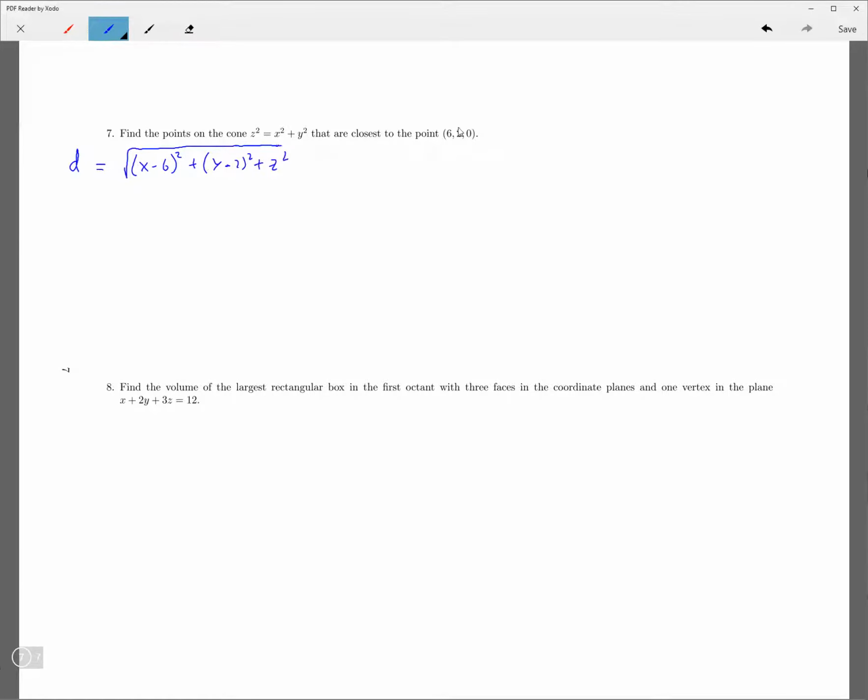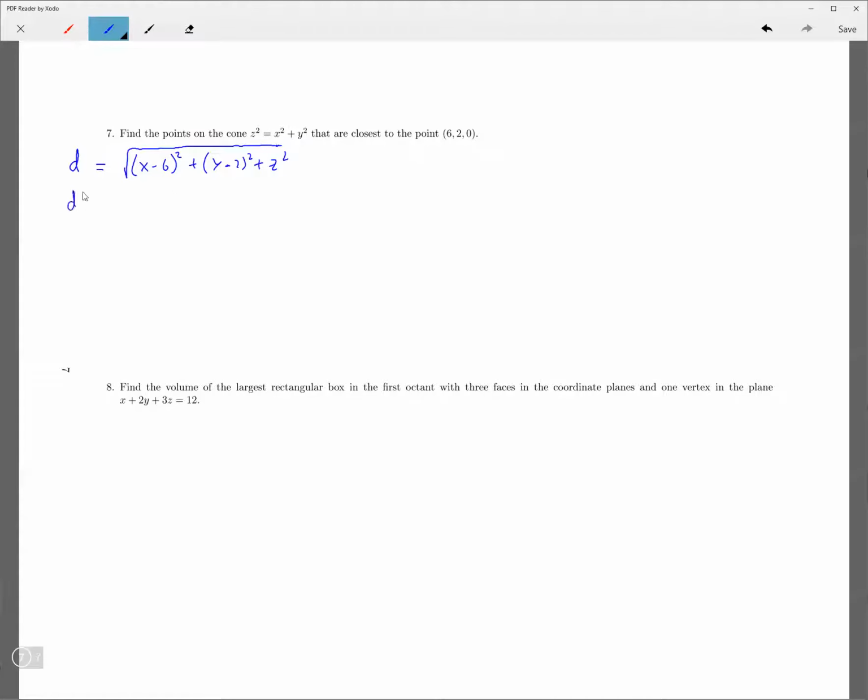That's the distance between this point and any other point (x, y, z). So we're trying to find the points on this cone where this is as small as possible. So we're trying to minimize this function right here.